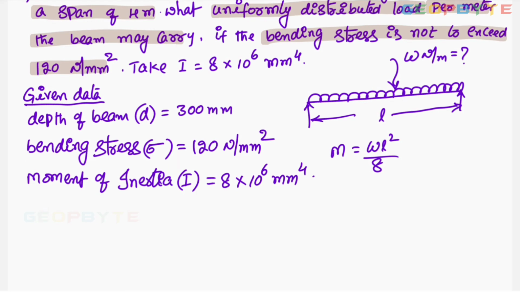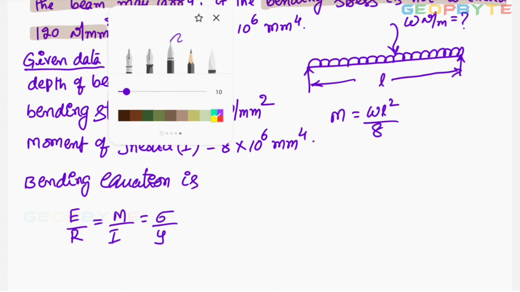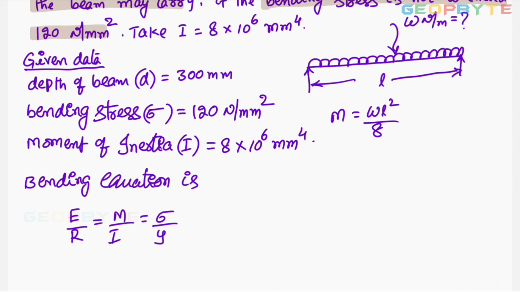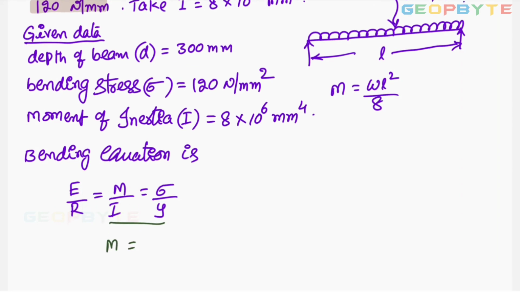Bending equation is E by R equal to M by I is equal to sigma by Y. From this you take this part, so M equal to I by Y into sigma.